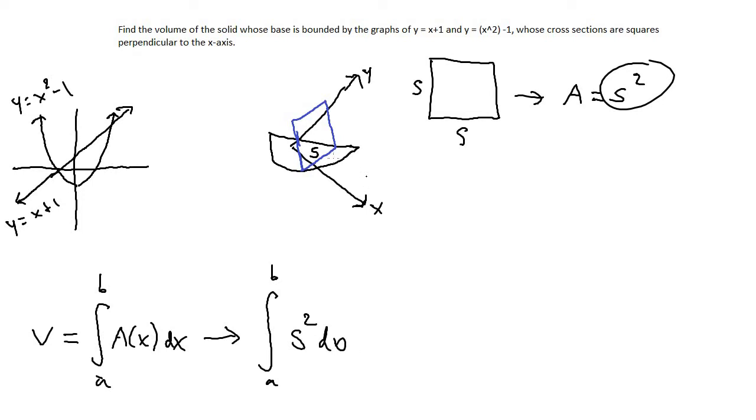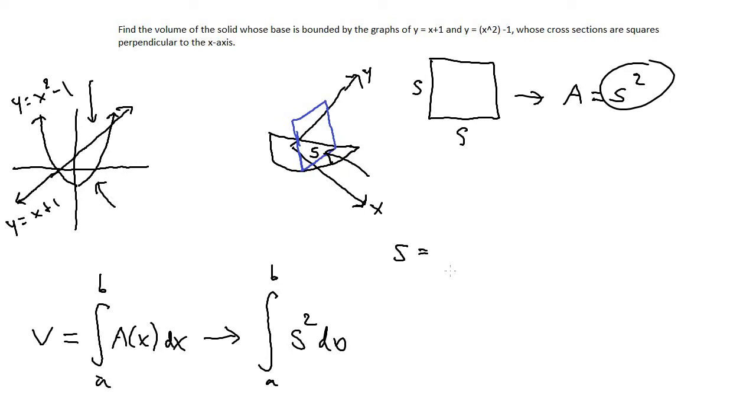S, as we can see right here, is simply going to be the area between the two curves. To find the length between the two curves, using x bounds, we can just do top curve minus bottom curve.